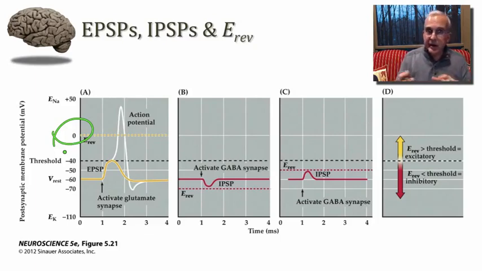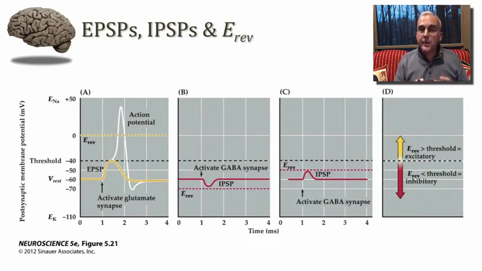So that means that if this particular synapse could completely capture that postsynaptic neuron, it would depolarize it to the reversal potential. Well, as I just mentioned, most synapses are not that powerful. They're actually rather weak, and they typically only allow for a postsynaptic membrane to depolarize by a few millivolts.